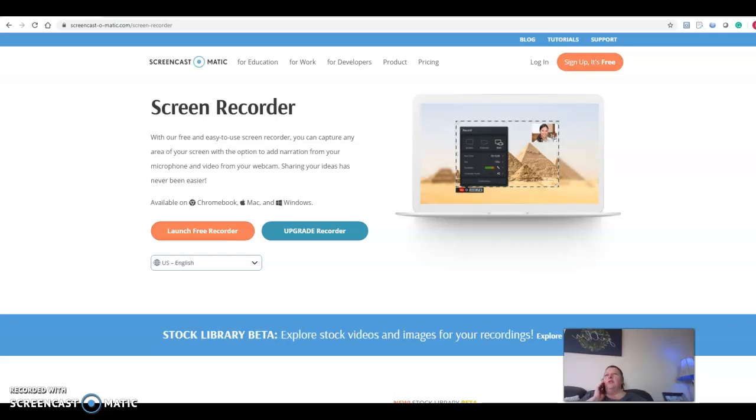Is your camera covered up? No, I mean a different what? Computer? Yeah, do webcam.